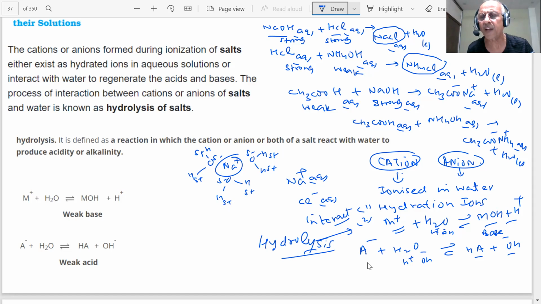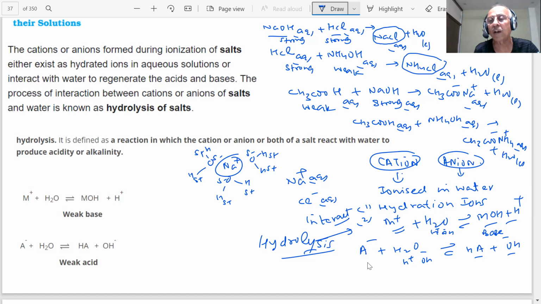And the result of that could be the solution becomes acidic, basic, or neutral, depending on what acid and what bases are being produced. The question is, which ions will be hydrolyzed and which will not be hydrolyzed? So the pH can be neutral, it can be less than 7, or it can be more than 7.